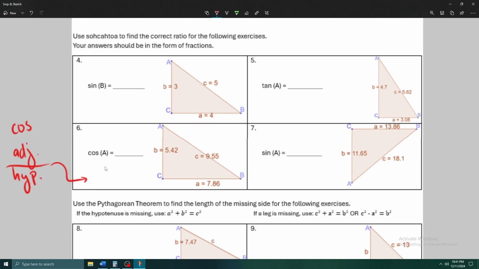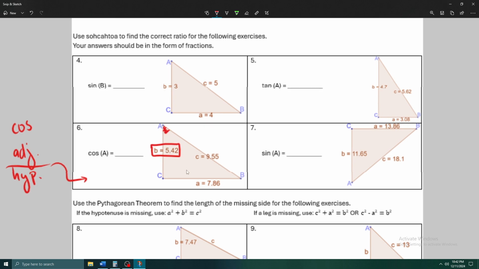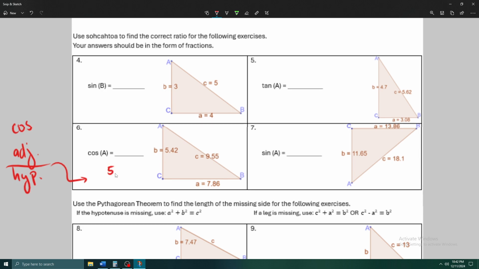Using that little formula, I know that the side length that is adjacent to angle A, here's my angle A right here, the leg that is actually closest, is going to be 5.42.